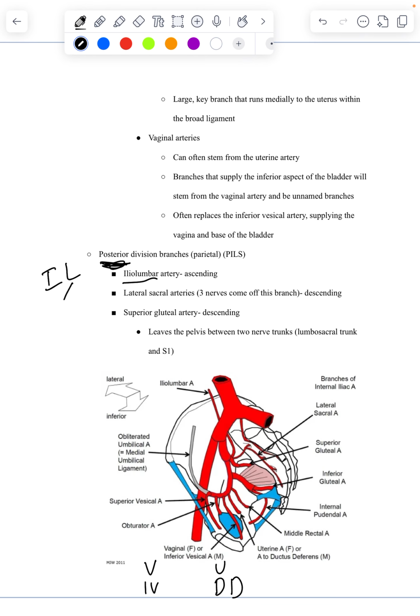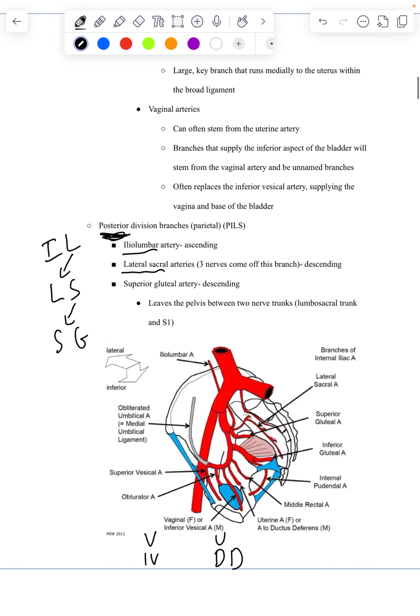So then L will start the next one, which is lateral sacral, which is LS. And then S will start the next one, which is superior gluteal, or SG. So that's how I remember it. So if you look at your posterior branch, these three right here are your posterior branch.